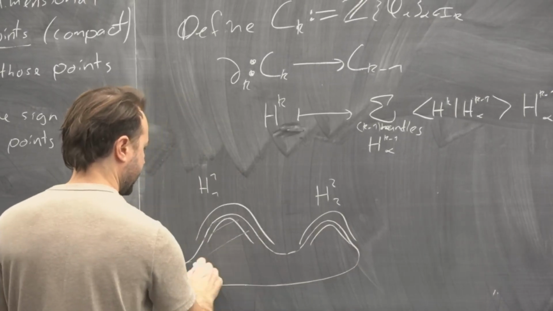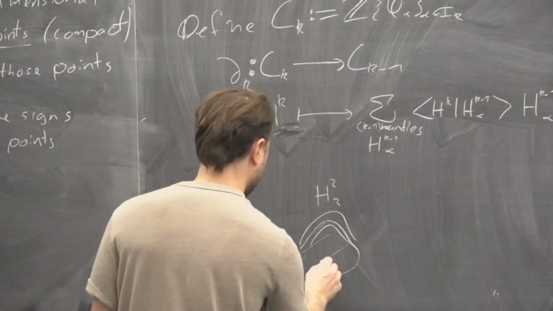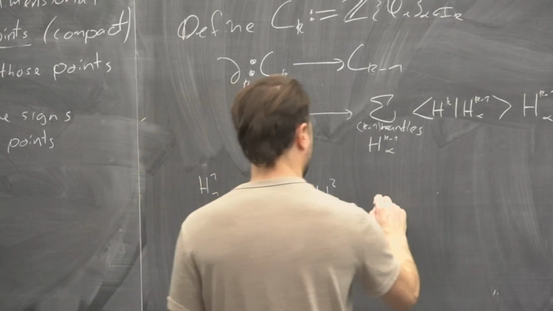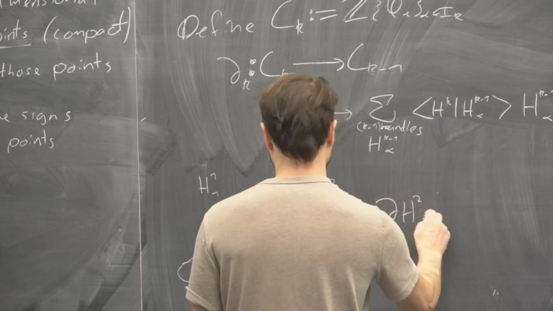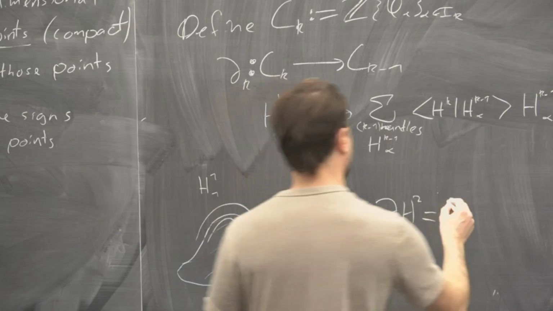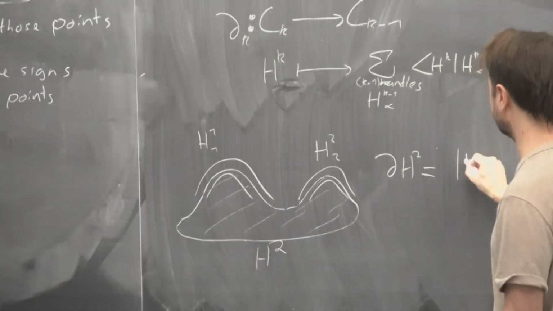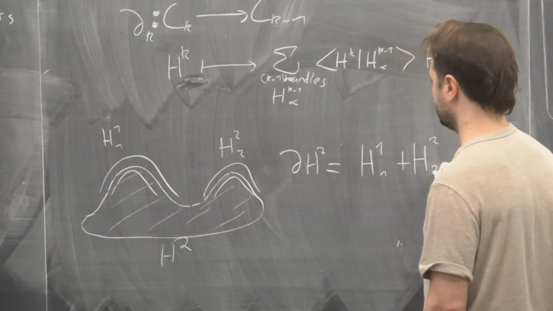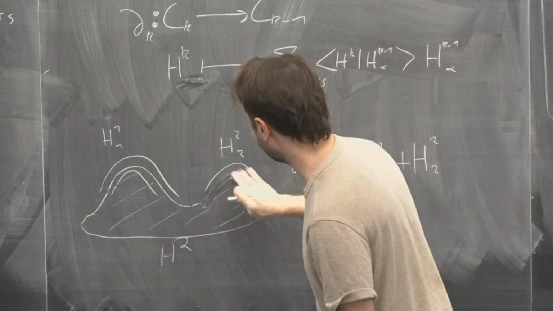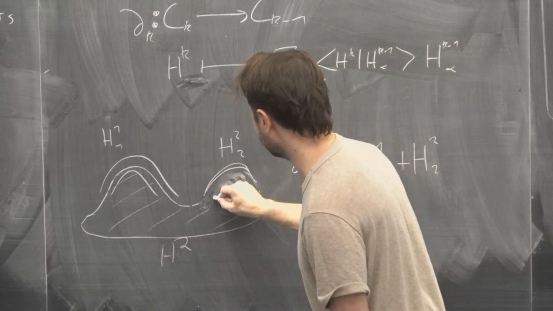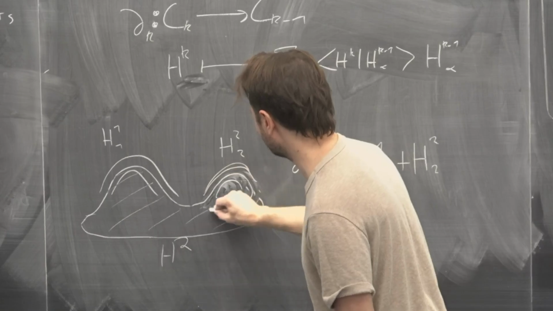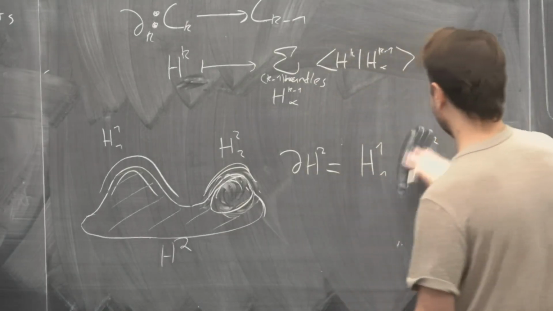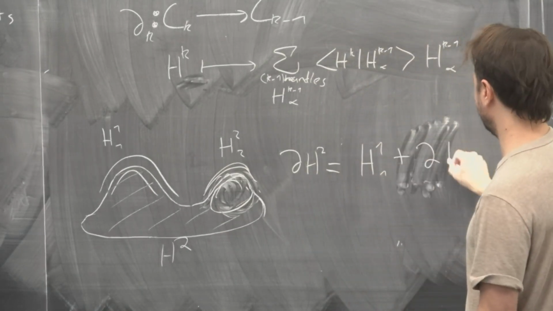If this whole thing is a big 2 handle h2, then your boundary for h2, depending on your orientations, you can arrange them to get the sum of these 2 lines. And if instead I'd made the attaching map go twice around, there's no reason why you couldn't do that, then the incidence value would be 2 times.